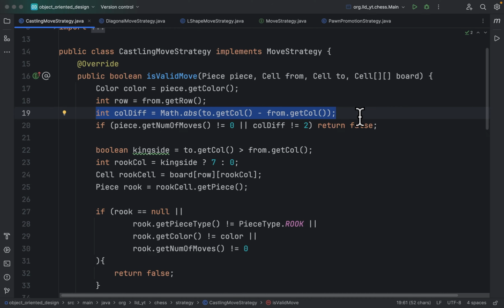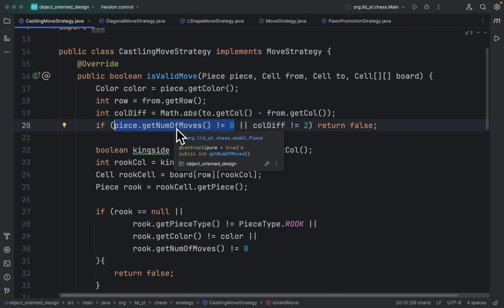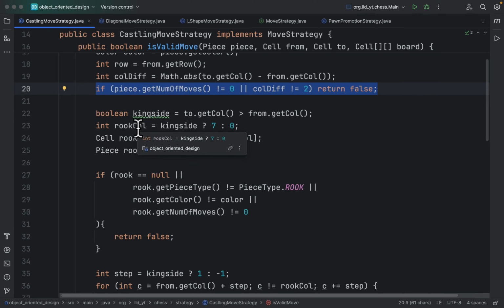Now if you know about castling, the king would be moving exactly by two steps. Okay, so if it is not two steps, or the king has moved prior to this move, that is the number of moves is not equal to 0, then we'll return false. Right. Now there are two types of castling.